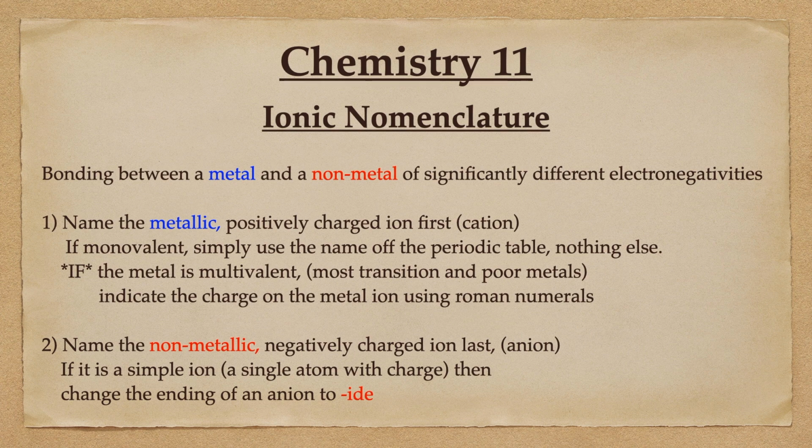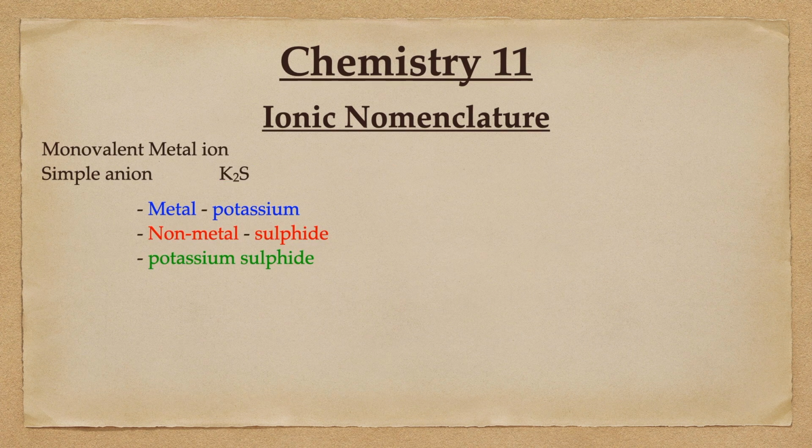Second, we name the nonmetal or negatively charged ion, the anion. If it is a simple ion, that is a single atom with a charge, then we change the ending of that to ide.